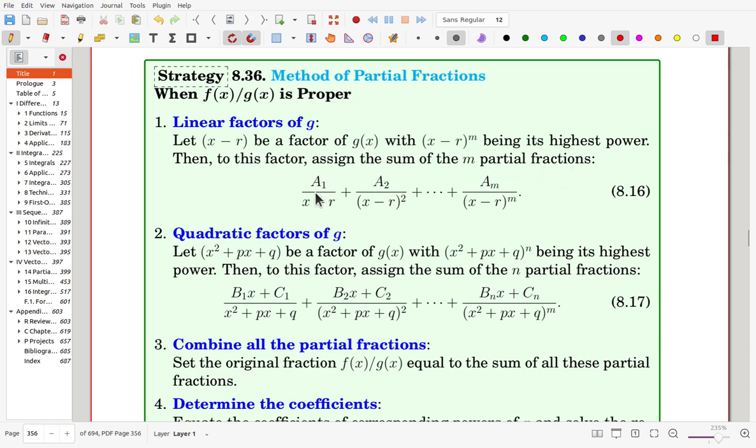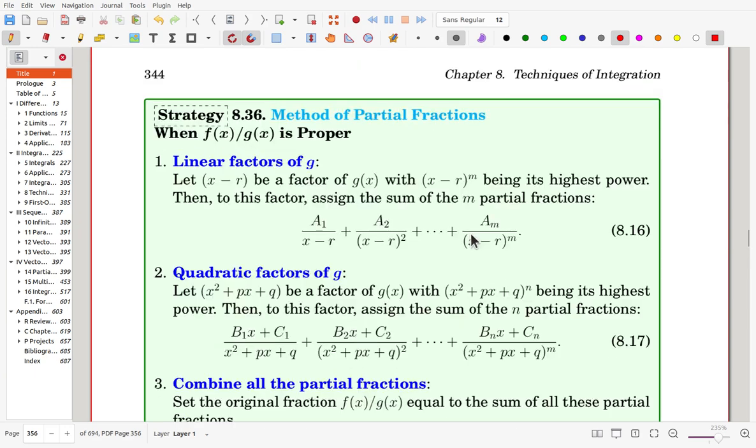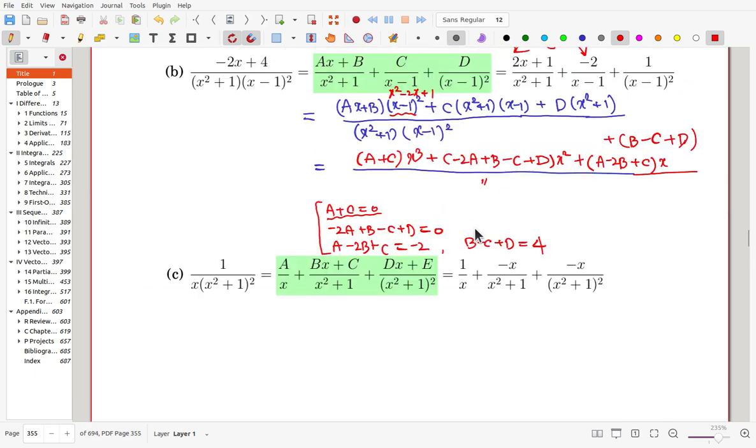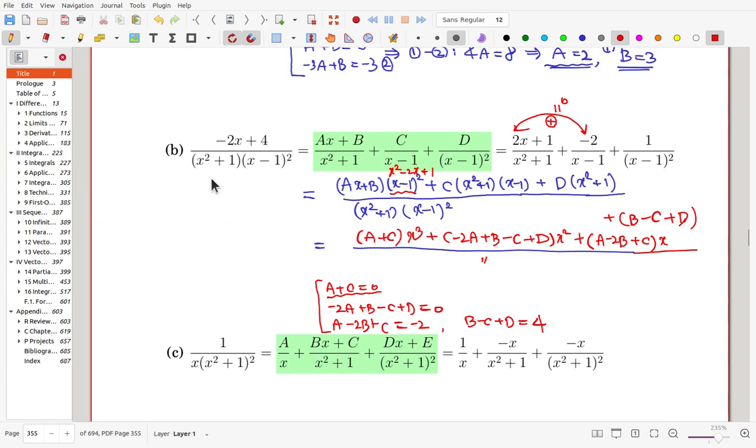Start with a1 over x minus r, and x minus r squared, up to x minus r to the m, where all the numerators are constant because the basic factor is linear, so you have to put constants here. But once the power is larger than 1, then up to m, you have to make these fractions. We did this one exactly here, like that.